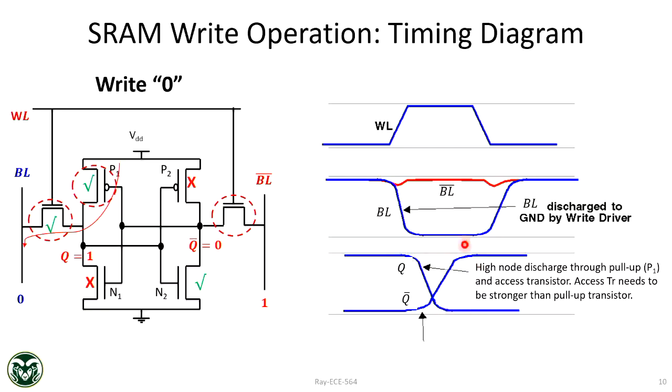So this Q will now flip and Q bar will go up. And this metastable point will decide when to stop. So you can turn off, for example, this word line much earlier, because by this time the cell has been flipped. So you can optimize some of those things. You don't need to fully wait.